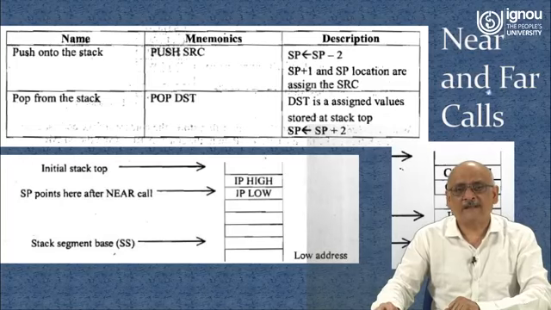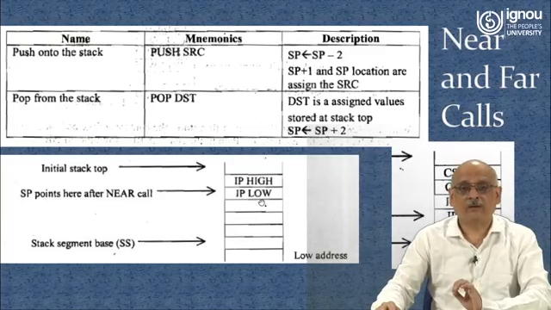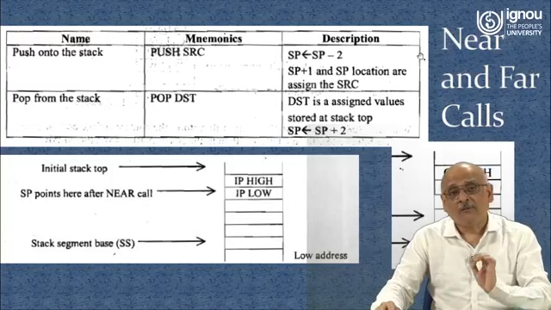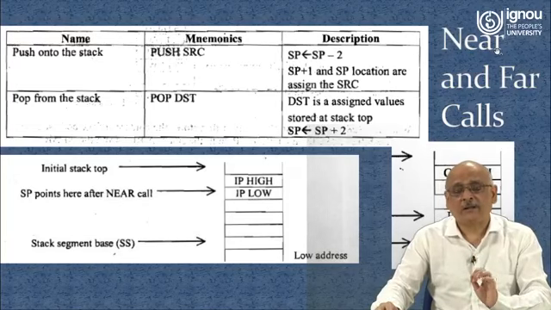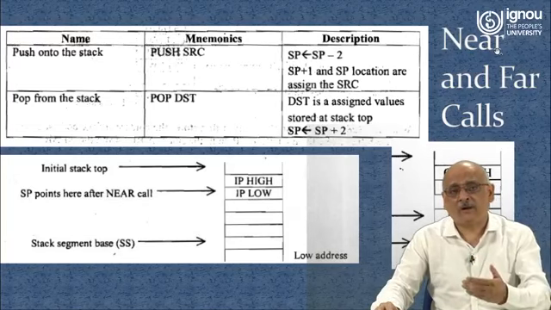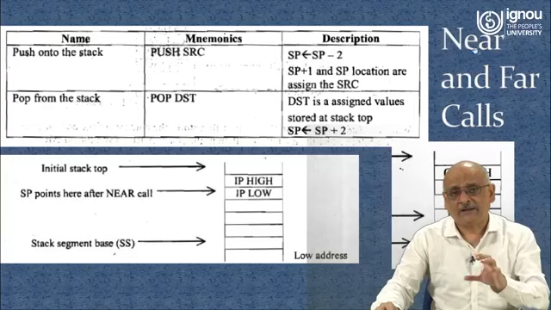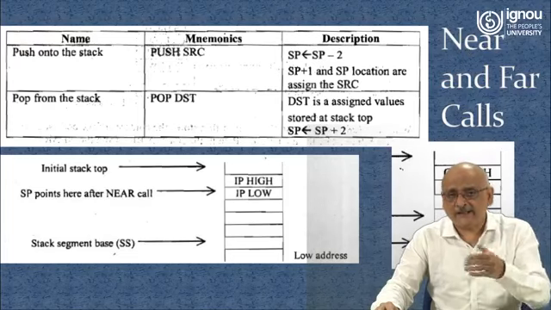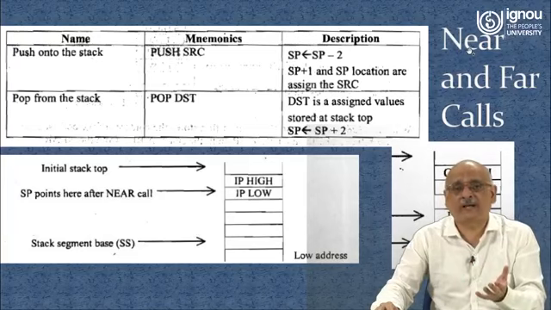Now, what are near and far calls related to this? These two procedure calls are very important to understand. The first of them is the near call. When we are making a near call, the procedure is within the same code segment of 64K.